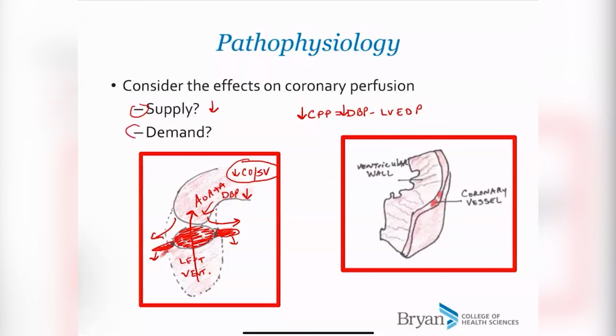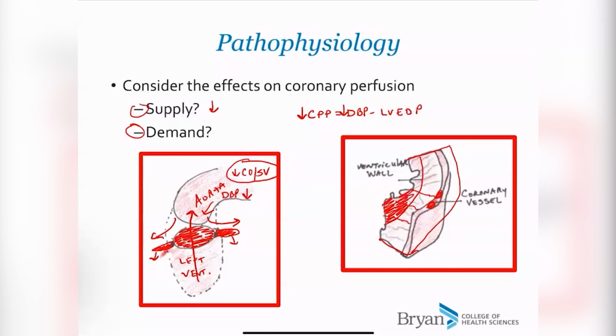It also impacts demand, and that we've talked about, that resistance to outflow is going to basically cause increases in muscle mass of that ventricle. The coronary vessels basically are on the epicardial surface. They then basically dive down and then are able to provide perfusion for the subendocardial portions of the ventricle itself.